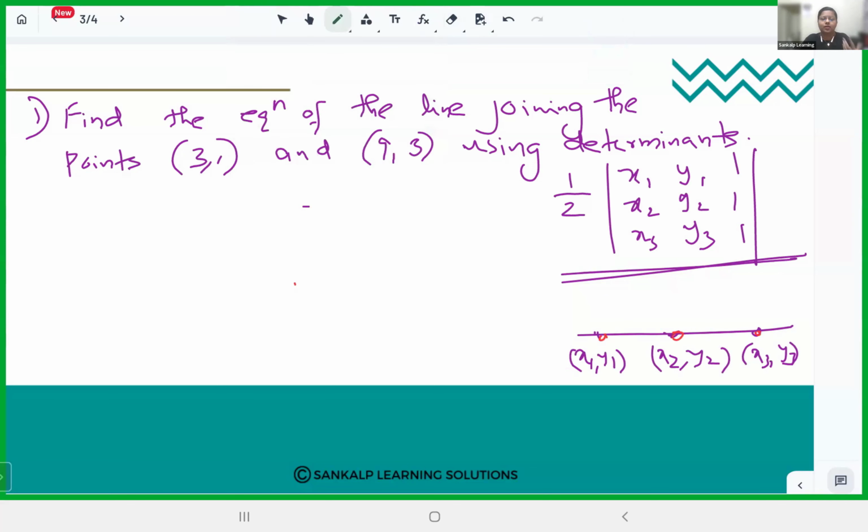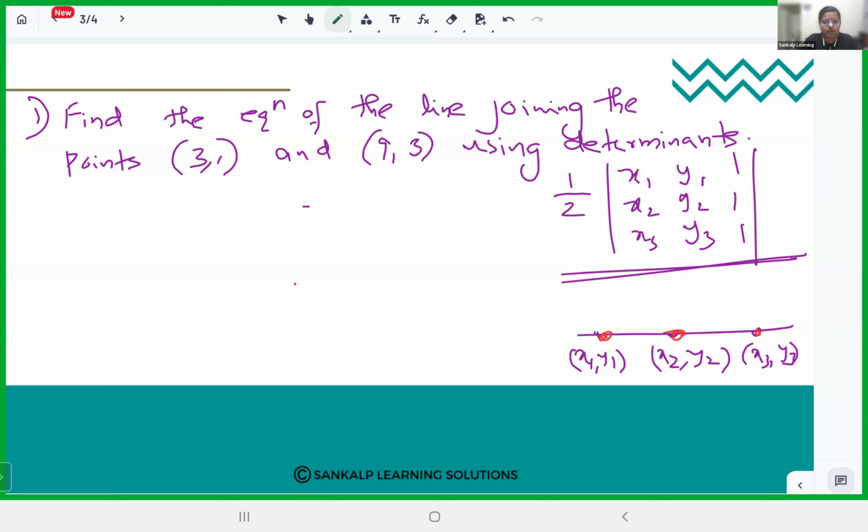No, because all the points are on the same line. We say the points that exist on the same line are collinear points, right? So these are collinear points, and we cannot form a triangle using these 3 vertices, right?